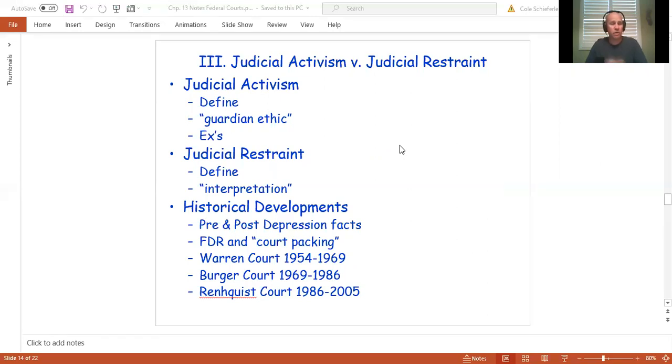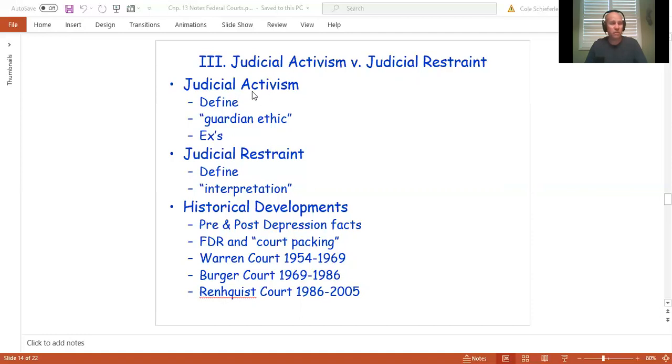And therefore, a judicially active judge would say, we are the guardian of the people's rights. Remember I talked about in the last lecture, where judges are to protect the minority from the tyranny of the majority. For example, in the South, the majority, that is all whites, were violating the minorities', that is all blacks', rights in the South.